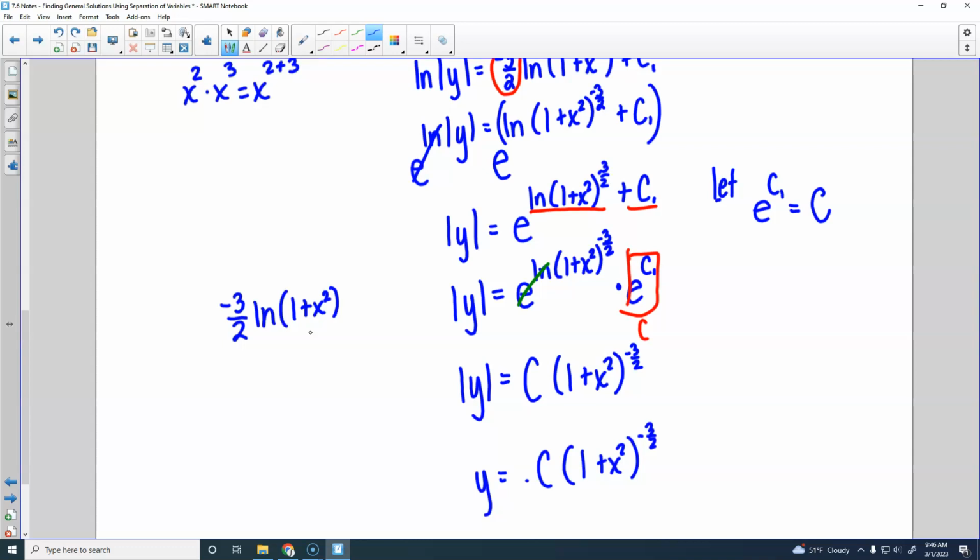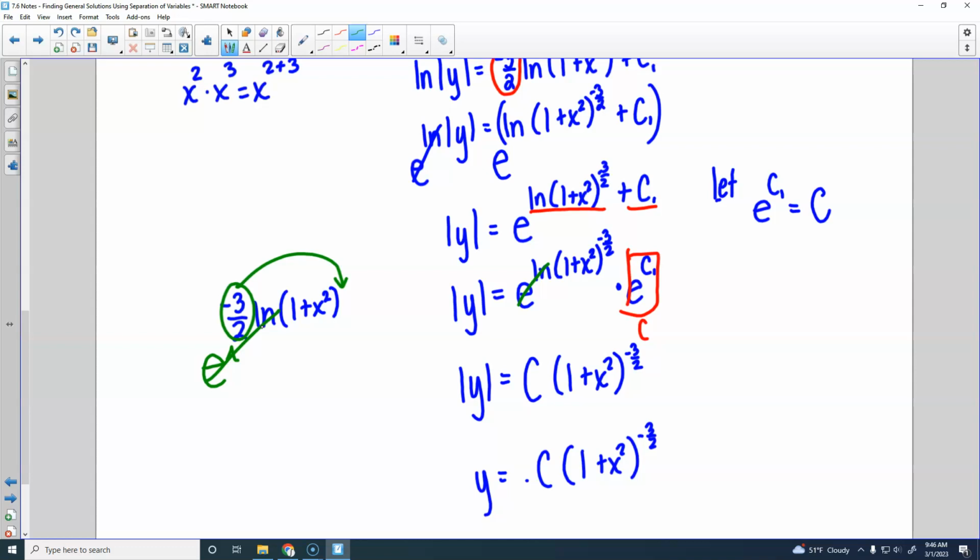So the properties of exponents tell us, and see the issue is, if we try to do e to that negative 3/2 power, it isn't going to work because of the natural log in between. You have to have e raised just to a natural log. So if we pull it in as an exponent, which the properties of logs tell us we can do, then you've got an e and a natural log right next to each other so they can cancel.